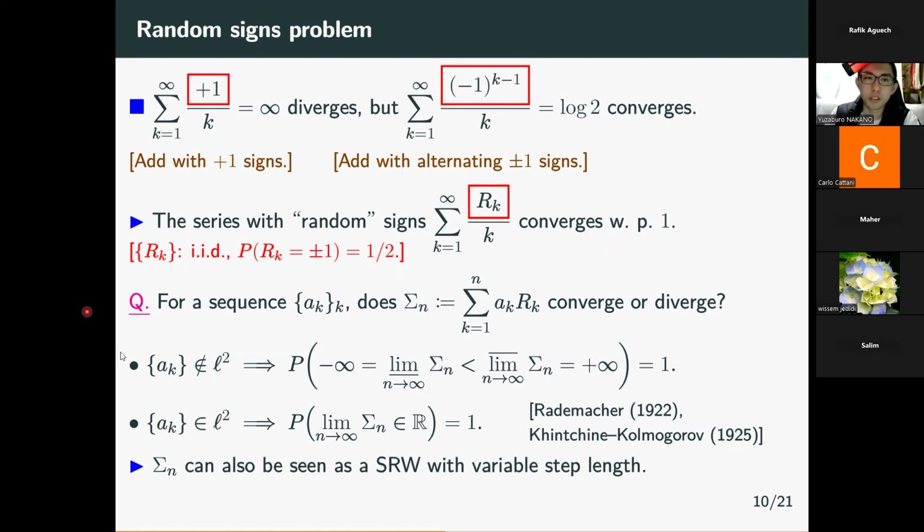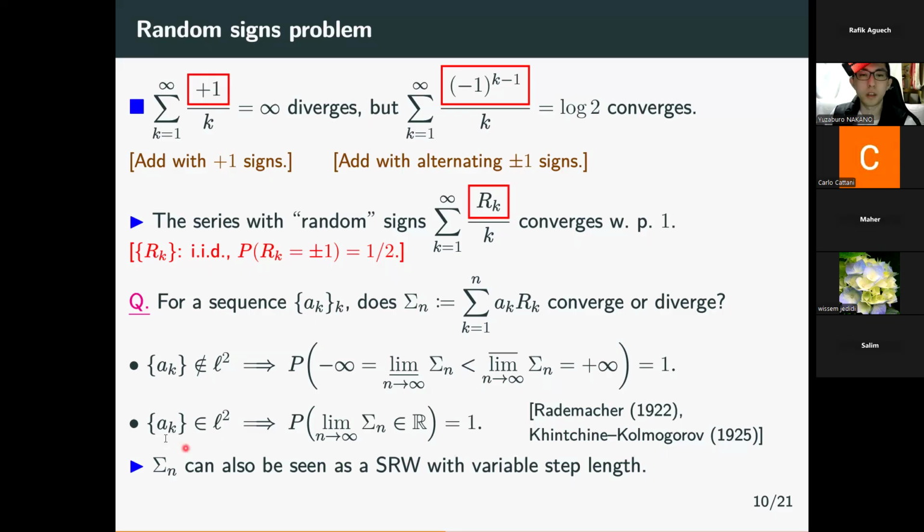And the question is, for a real sequence Ak, does sigma n converge or diverge? The answer is: if Ak is not square summable, then sigma n does not converge, and oscillates from minus infinity to plus infinity with probability 1.